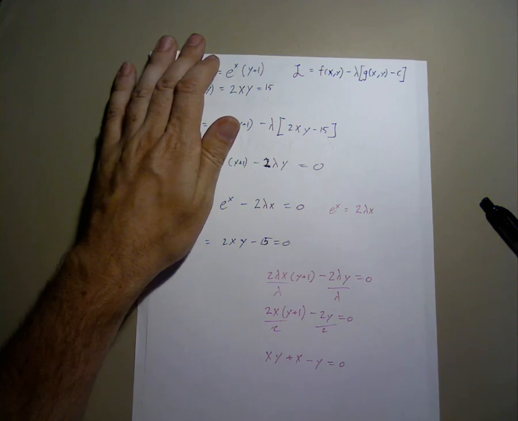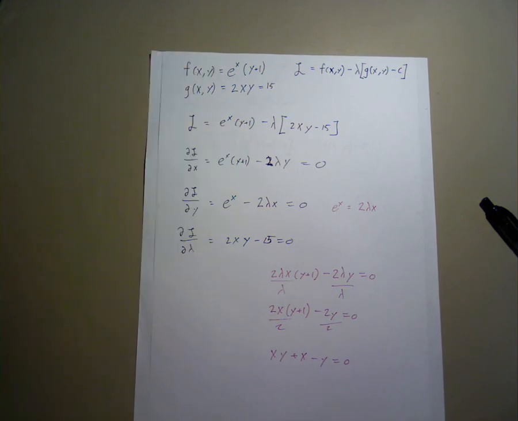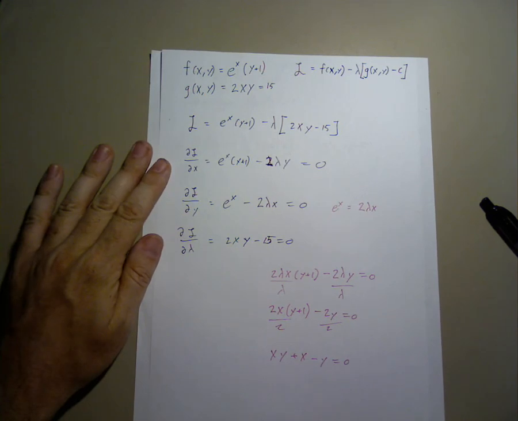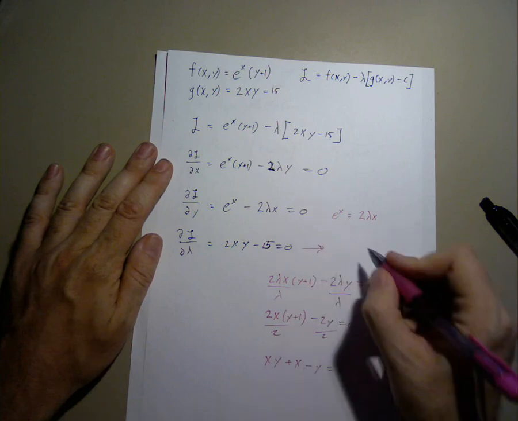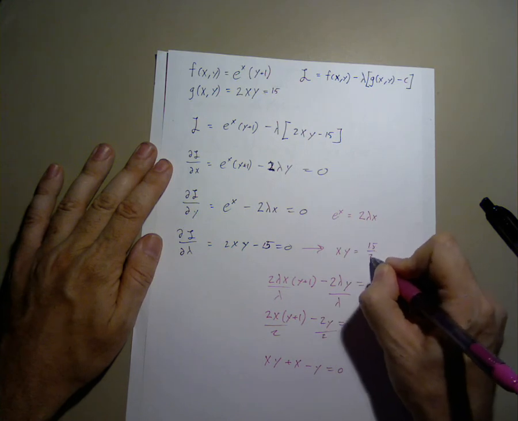Next, we can include our constraint. Okay, we can find a way to solve this. If we include the constraint, we can rewrite the constraint as xy equals 15 over 2.